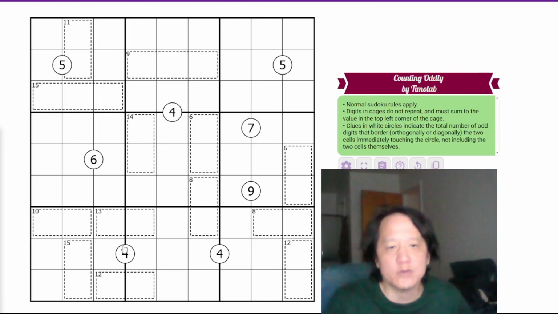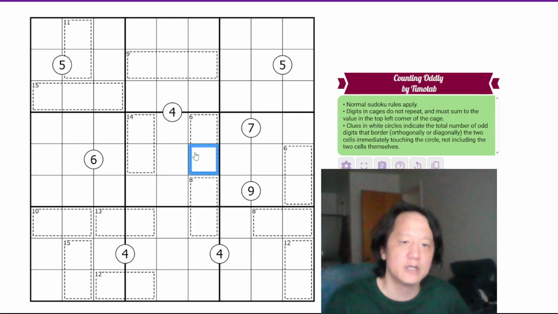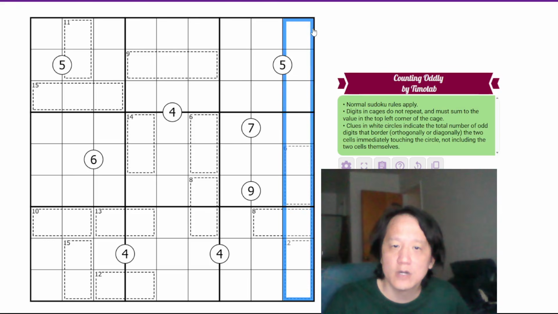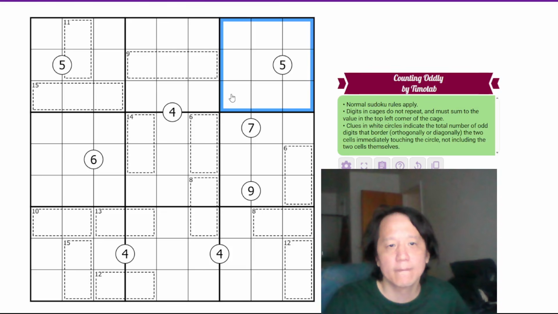Normal Sudoku rules apply, which means in every cell in the grid, place a single digit from 1 through 9, such that there are no repeats in any row, column, or designated 9-cell region. Digits in cages do not repeat, and must sum to the value in the top left corner of the cage.